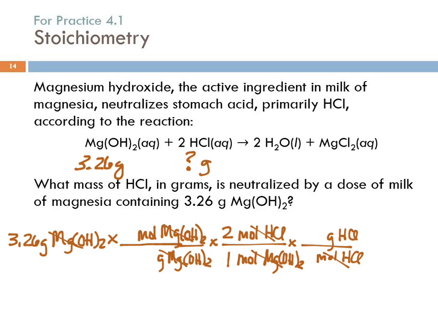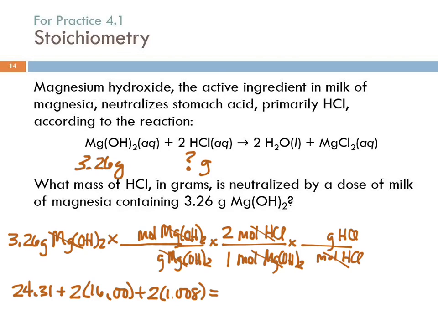Then we need the molar mass of magnesium hydroxide. Magnesium is 24.31. I should do what I tell you to do. You really should write this down. So 24.31 plus, there's 2 oxygens, 2 times 16, and 2 hydrogens, 2 times the mass of hydrogen.